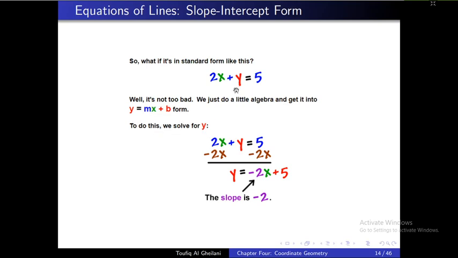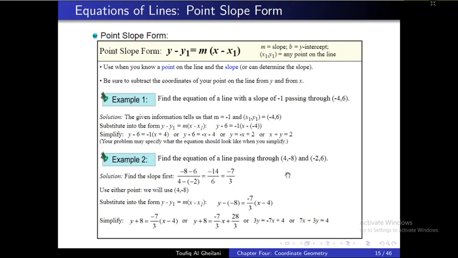So we put y on the left side and we transfer 2x to the right side, and it will be 5 minus 2x. So y will be equal to minus 2x plus 5. So the slope is minus 2 and the y-intercept is 5.